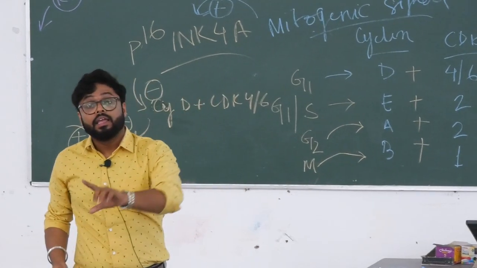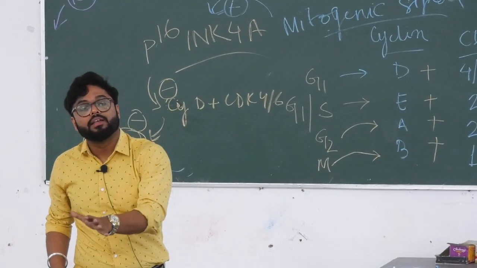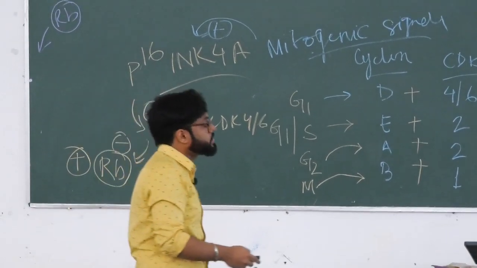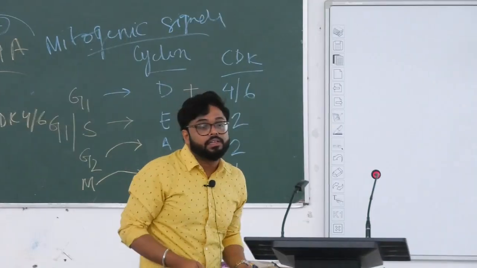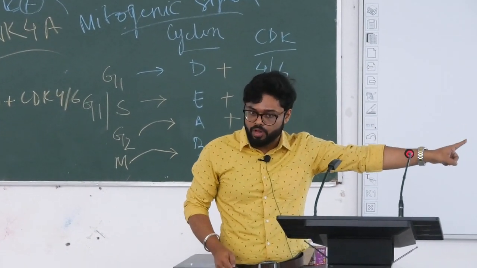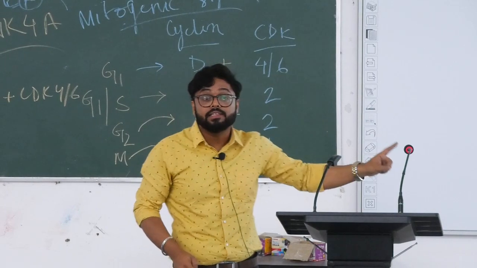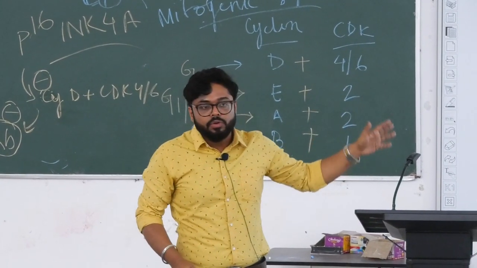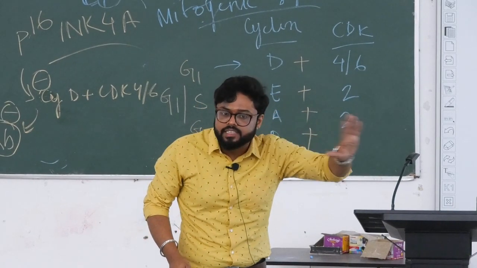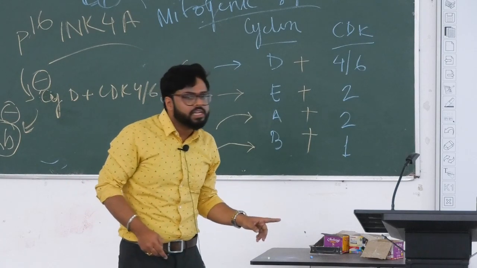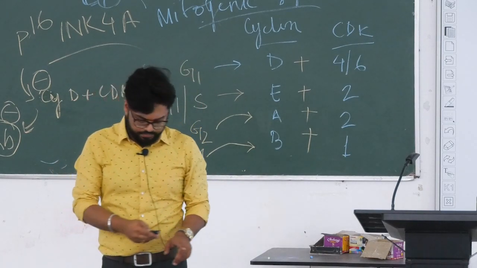And if the protein is misfolded, it gets degraded by two mechanisms: one, autophagy, and second, the ubiquitin proteasome pathway. By these two mechanisms, the unfolded proteins get degraded. Another important function is protein translocation and signal transduction.